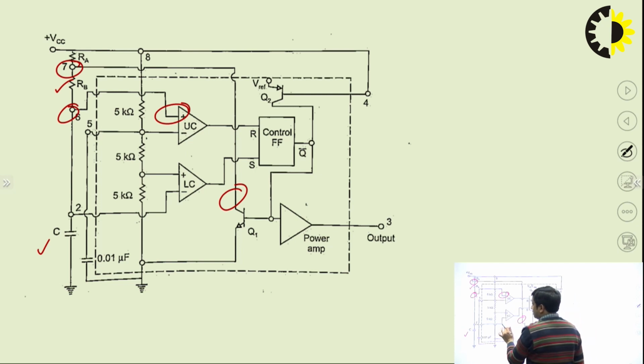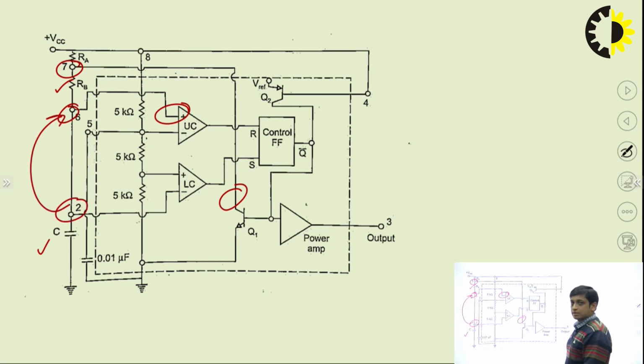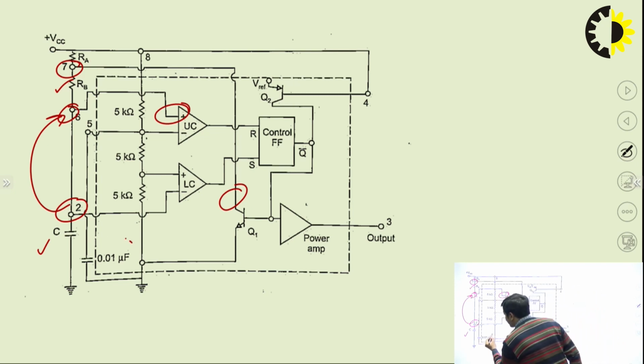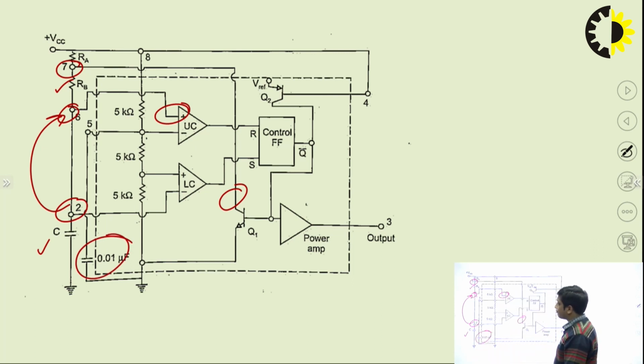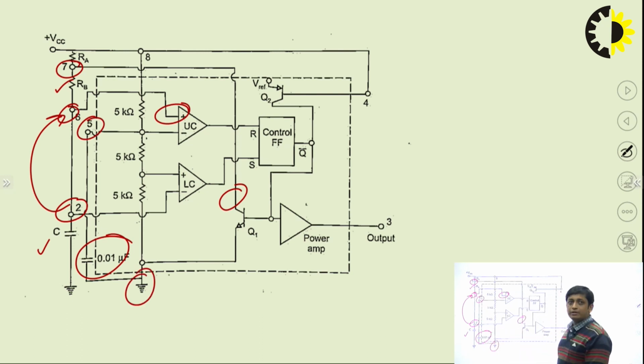And since we are not applying any trigger pulse, pin number 2 is shorted with pin number 6. And again we are not applying any voltage at pin number 5. That's why we have connected a capacitor of value 0.01 microfarad in between pin number 5 and pin number 1, that is the ground pin, just to remove the ripples and noise.